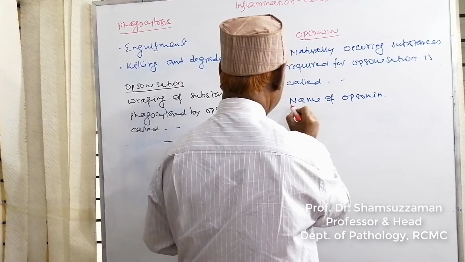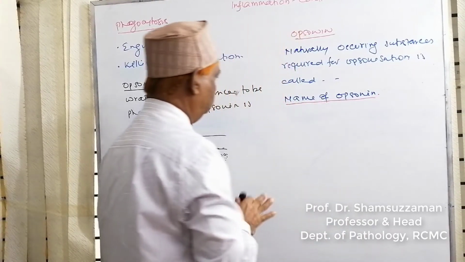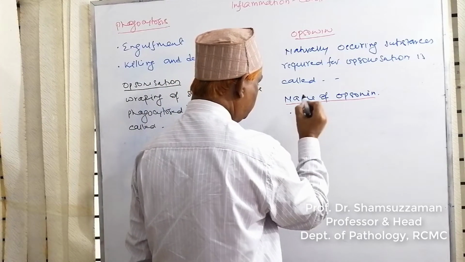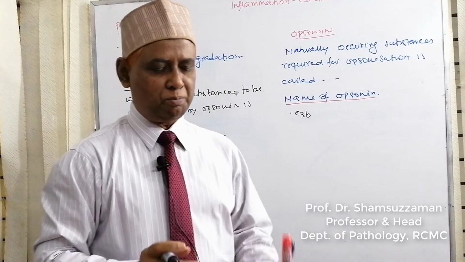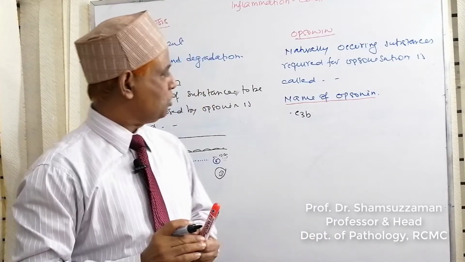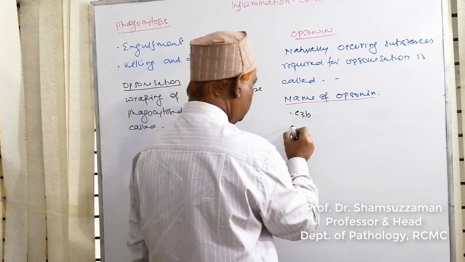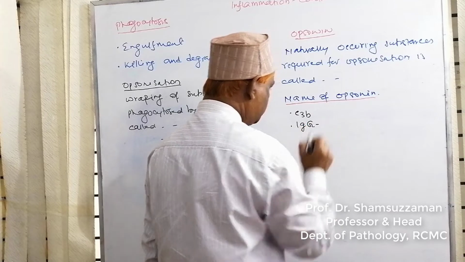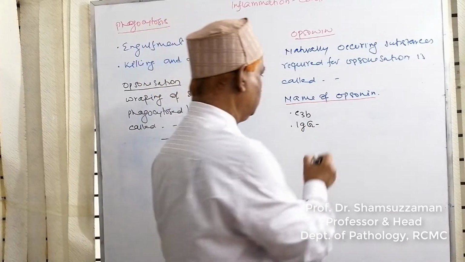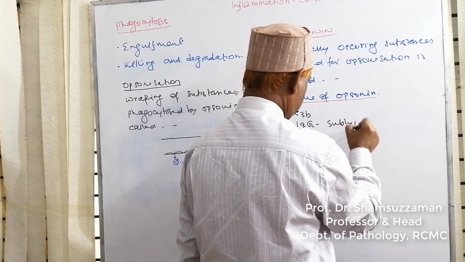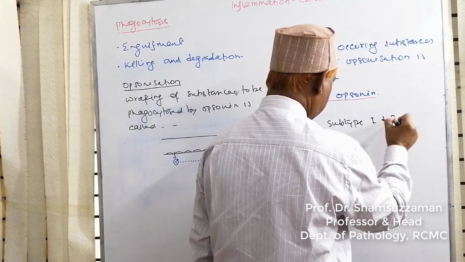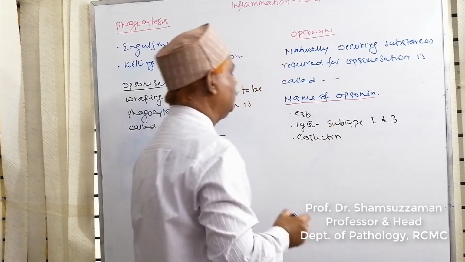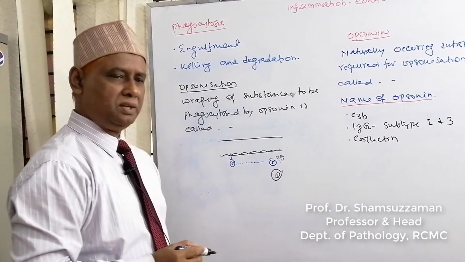One is C3b, one of the products of the complement system. Then IgG, immunoglobulin G, subtypes 1 and 3. Another is colectin. So these are the opsonins, and these are naturally occurring substances.